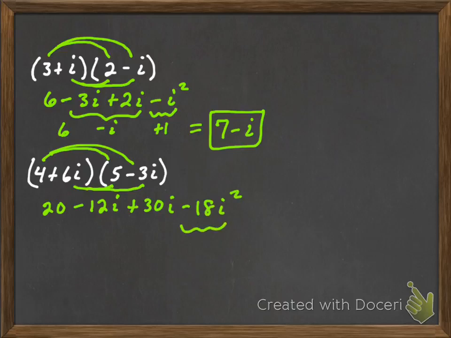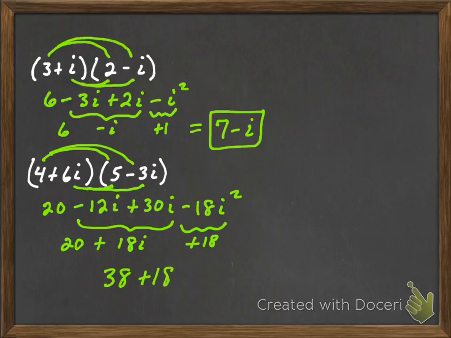So once again, this is i squared, which is negative 1, times negative 18, which is positive 18. These combine together to give us 18i, and then we have our 20. So this simplifies down to 38 plus 18i.